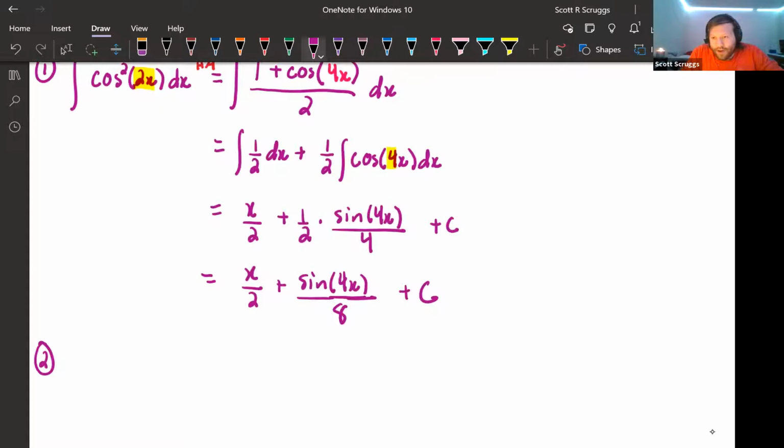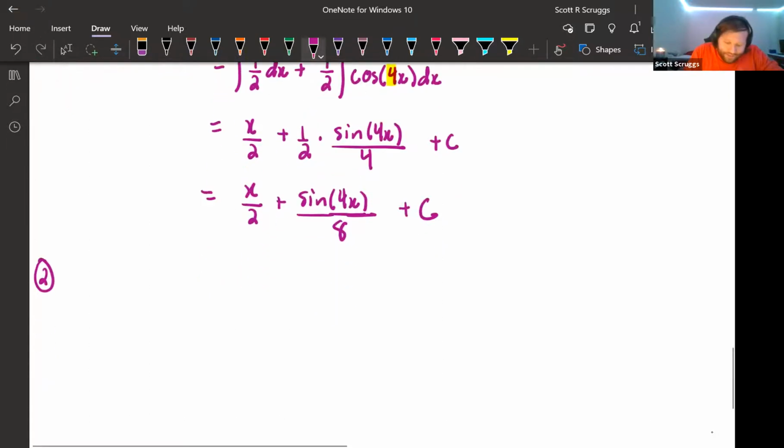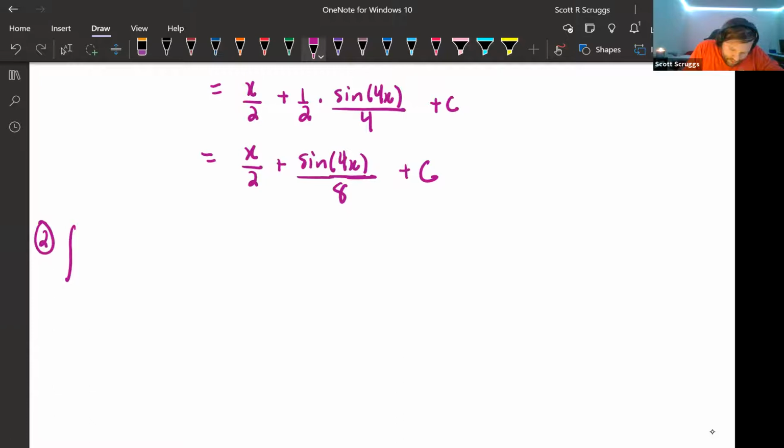So now we move on to the other integral that does require a little bit more work as well, which is the cosine cubed one. So first thing to note, even though I don't have a sine being multiplied to that, this is still considered a trig integral with an odd exponent.